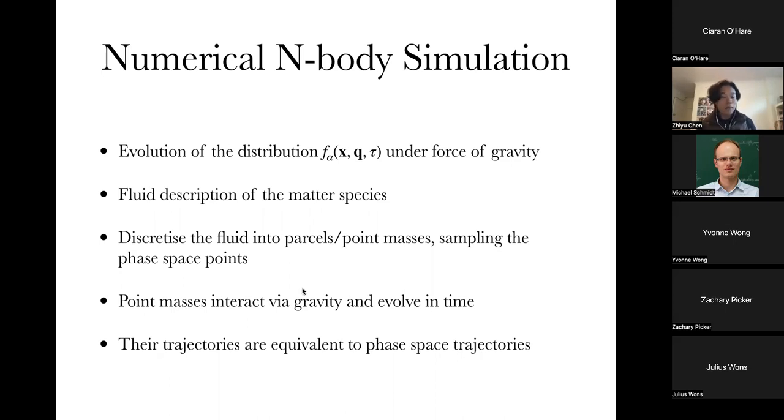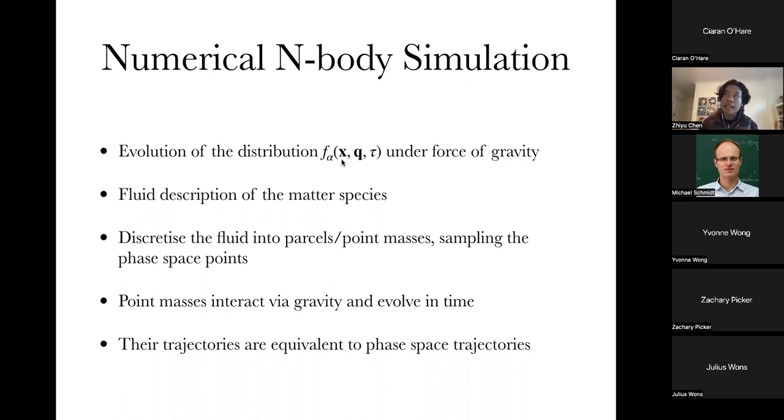So the simulation takes these phase-space sample points and evolves them in time, interacting via gravity. After some point in time, if you look at the trajectory of these parcels, you can think of them as a phase-space trajectory. If the phase-space points started in some configuration and after some time took on a different configuration, then after you take stock of all of them, you can say something about how the distribution function has evolved after that amount of time.